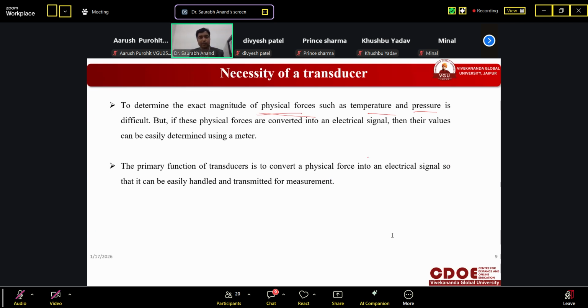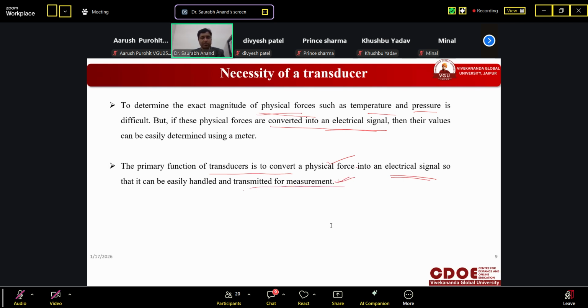It should be converted into electrical signal, and that electrical signal can be given to display device, and that device will give the information that this is the temperature, this is the pressure, this is the weight, whatever. So what is the role of transducer? It is to convert physical force into electrical signal so that it can be easily handled or transmitted for measurement.